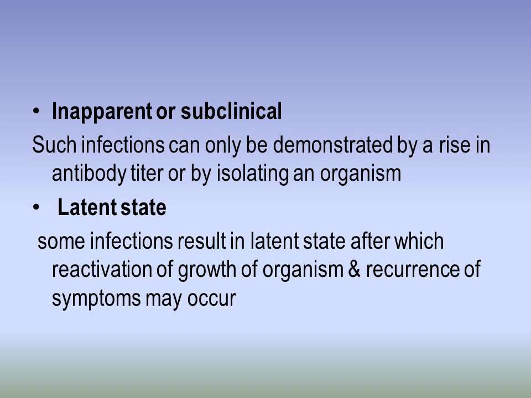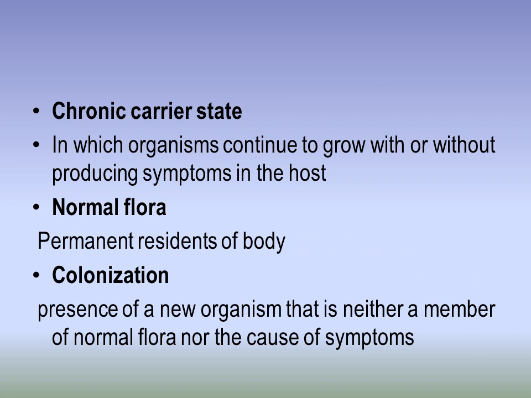So the phase before that reactivation is called the latent state. Chronic carrier state is a state that develops in hepatitis infections like hepatitis B or C, in which the organism continues to grow with or without producing symptoms in a host. That state is called the chronic carrier state.